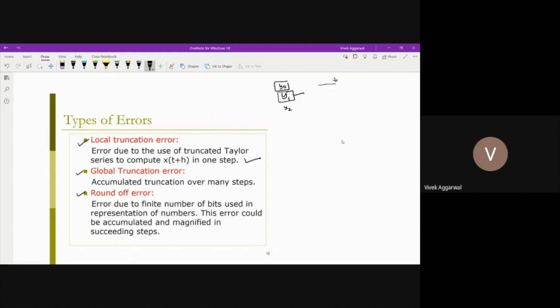And then again we use this number to calculate the value of y2, and again we round off the number, and the rounding error comes into the calculation of y2. So this rounding error is always there whenever we do computation with the help of a computer, or whatever you want to do. So that way we are going to have different types of error in Euler methods.